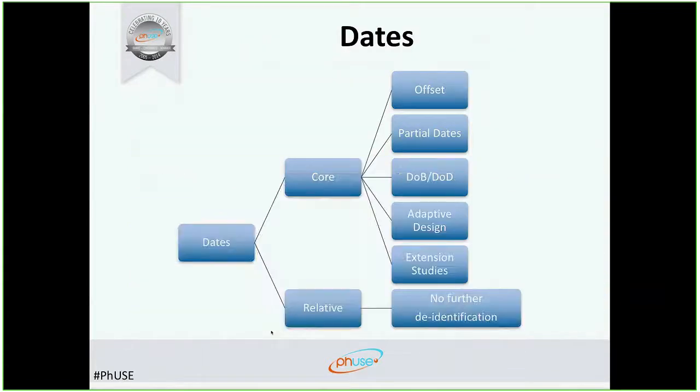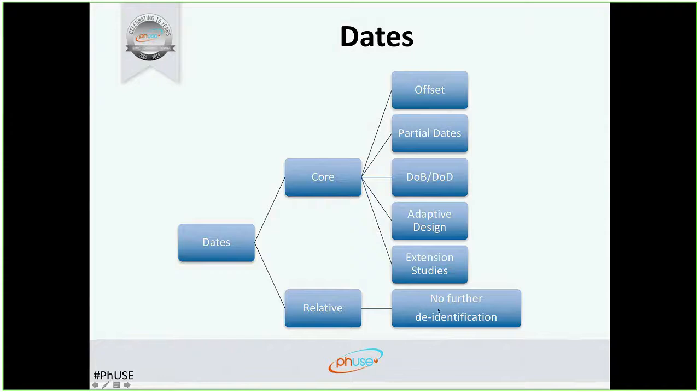So if we take the example of dates, dates are also listed in EMA policy 70 guidance as an important co-identifier to manage. In SDTM, dates come as relative dates, so typically study day, or they come as core dates, let's say 14th of July 2014, and those dates need to be managed.